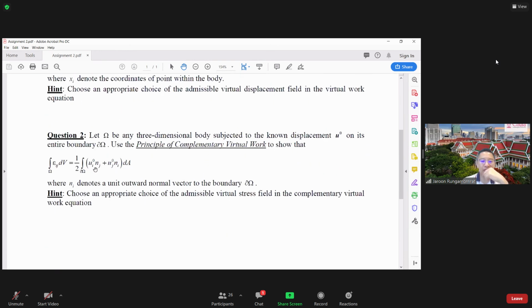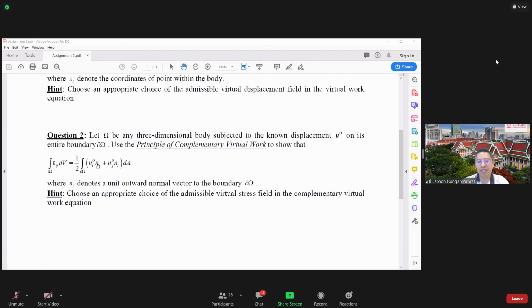If you compare this with the term in the complementary virtual work equation, you have ui0 here multiplied by the normal vector. So the normal vector here is somehow related to the choice of stress, or the traction, because this has to be related to the traction produced by the virtual stress that you choose.